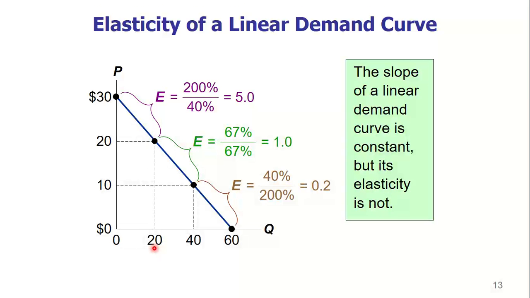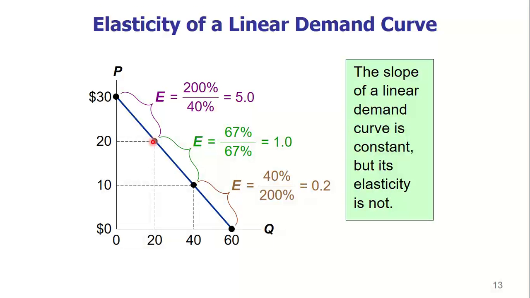As you move down a linear demand curve, the slope, that is the ratio of the absolute change in price to that in quantity, remains constant. From the point 0 quantity and $30 to the point 20 quantity and $20, from this point to this point, the rise equals minus 10 and the run equals plus 20.